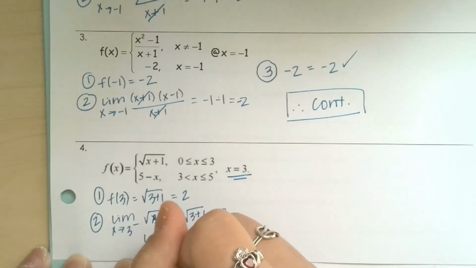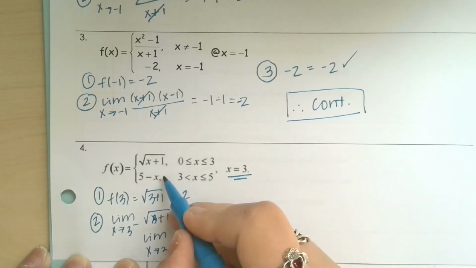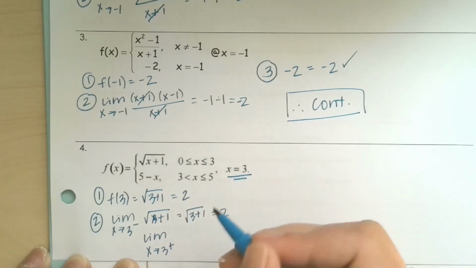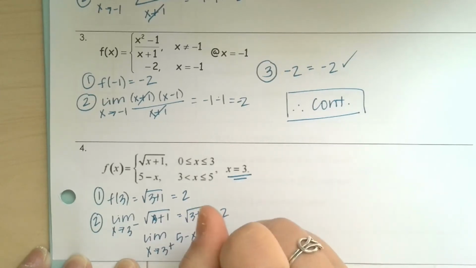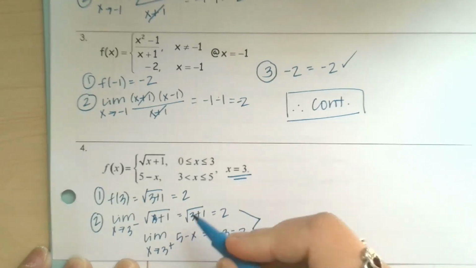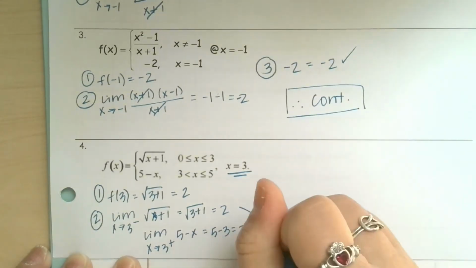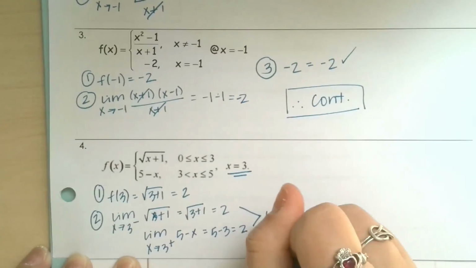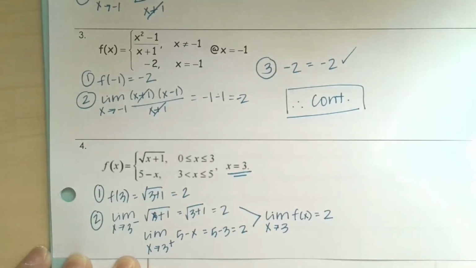Now we need to find the limit from the right. We're going to use this function down here, right, because x is greater than 3. So 5 minus x. When you substitute in, you get 5 minus 3, and that equals 2. So since our limit from the left equals 2, and our limit from the right equals 2, that means our limit as x approaches 3 of f of x equals 2.